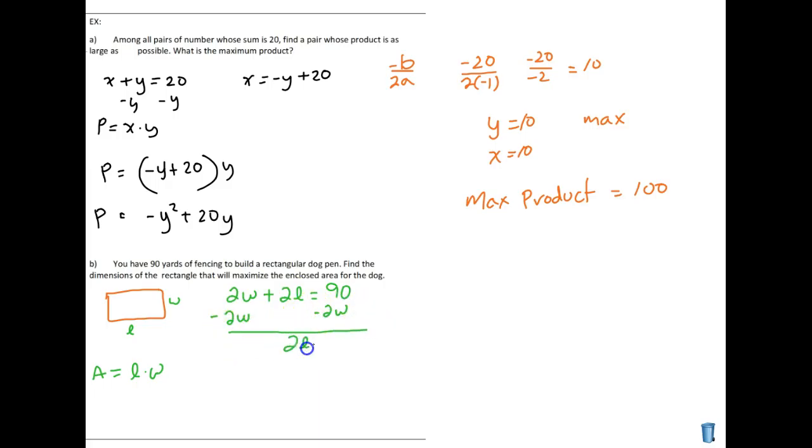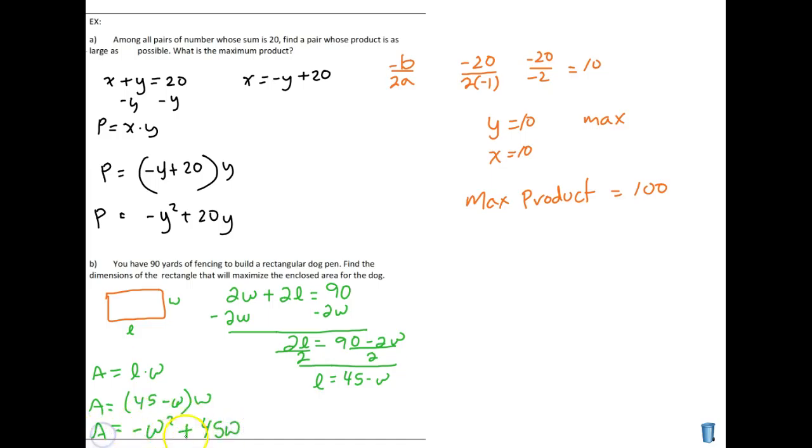And I get 2L equals 90 minus 2W. When I divide by 2, I get L equals 45 minus W. Plug that back in over here, and I now have 45 minus W times W, or my area is equal to, if I rewrite this in standard form, negative W squared plus 45W.